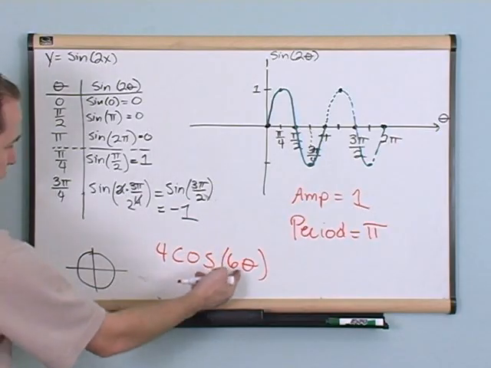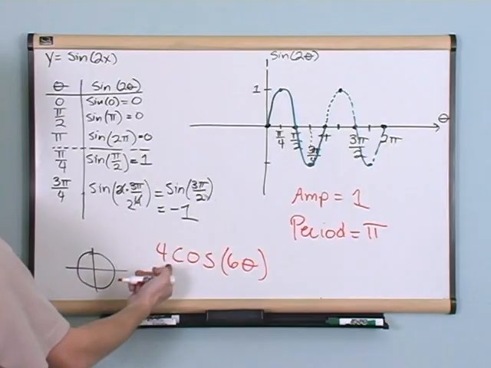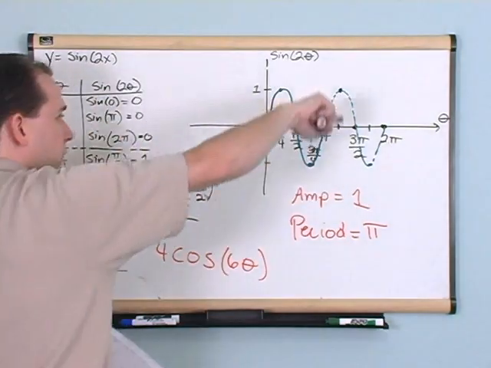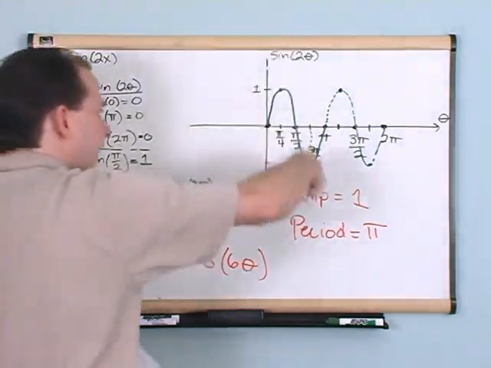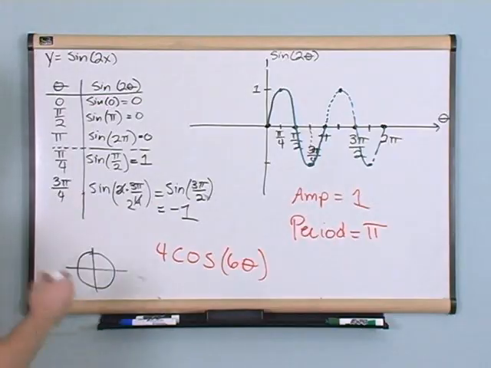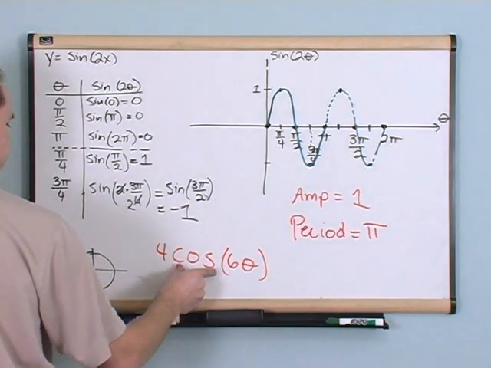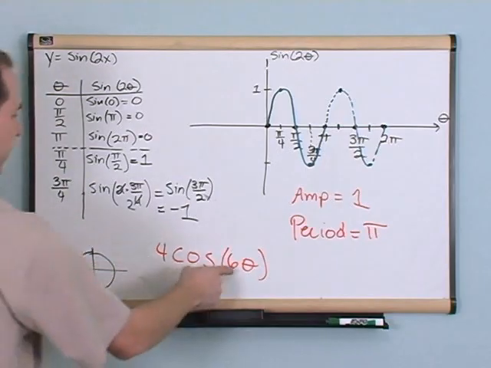And of course you can have problems that change both at the same time, like what I have here. In this case, if I were plotting this, I would have a cosine function that would go from 4 to -4 and then back, and also on top of that, I would get 6 complete cycles in a 2 pi period. And so that's how you go about plotting these things. You look at your knowledge of the cosine and the sine function initially, and you use these modifiers to go ahead and plot it.